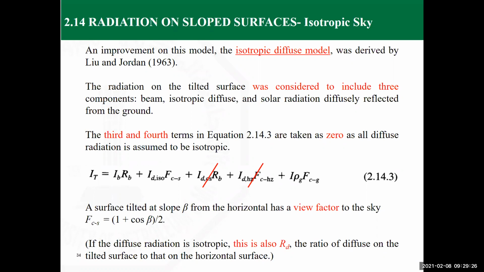The other components are going to be neglected, assuming that everything is diffuse. Diffuse means that the radiation coming from the dome of the sky represents all the radiation falling onto the surface.